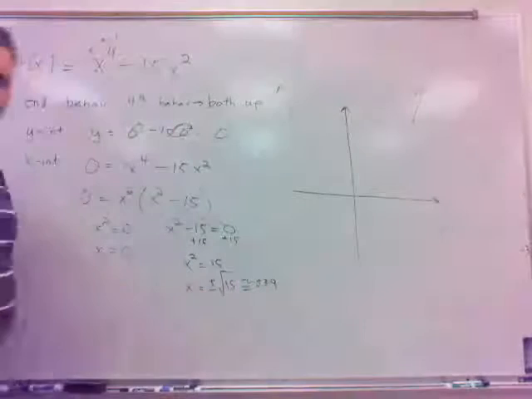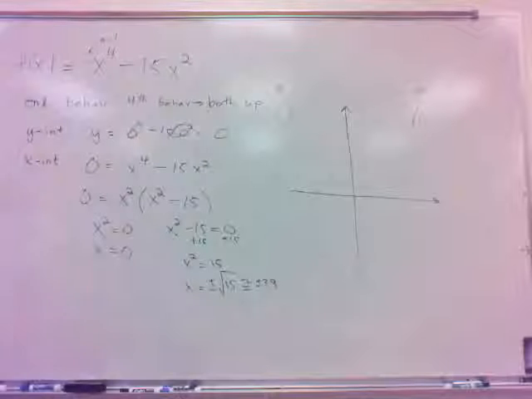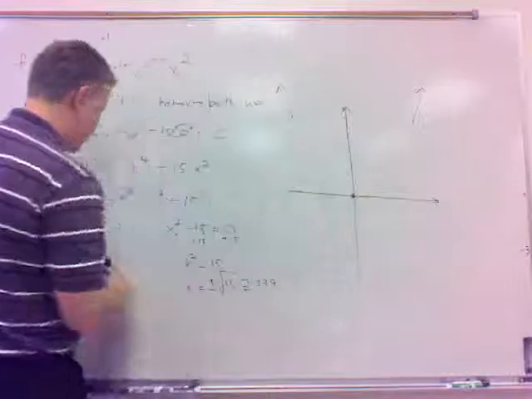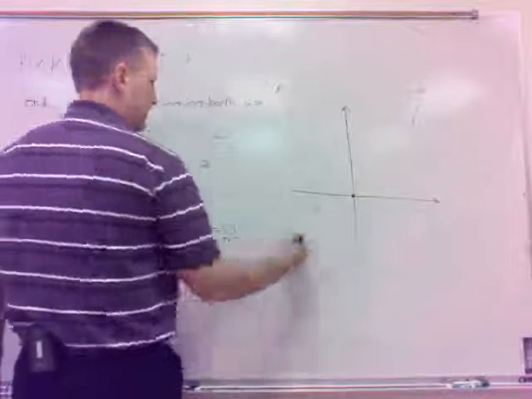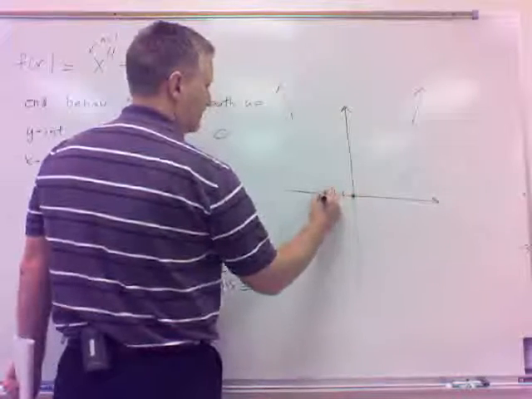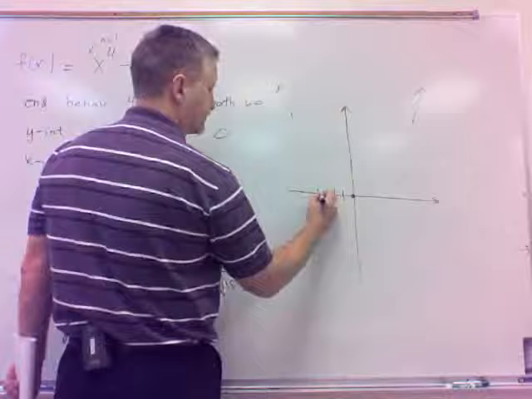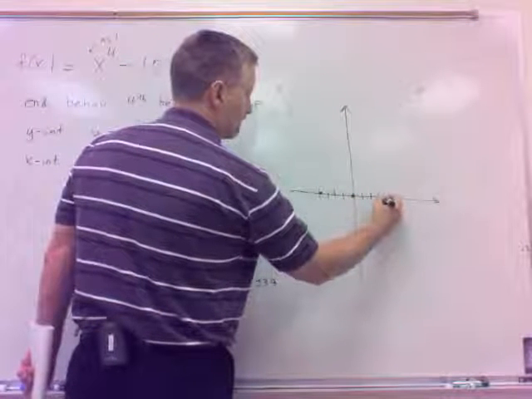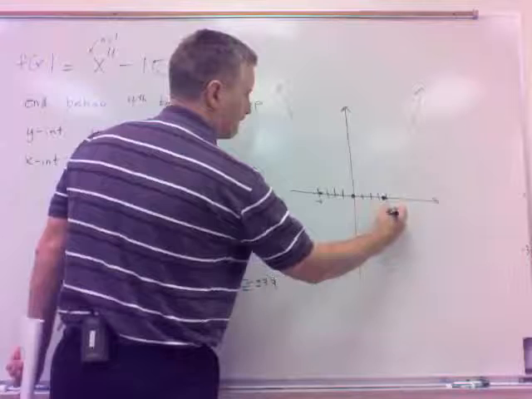Square root of 15 is about 3.9, isn't it? Because that's my x-intercept. So I've got a y-intercept of 0, an x-intercept of 0, same point, and then positive and negative 3.9. Okay?